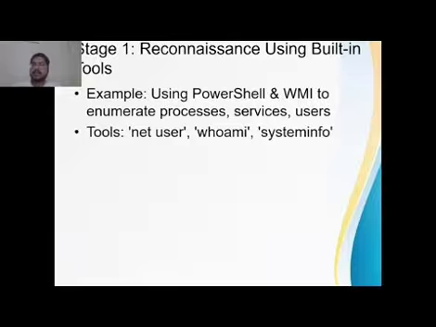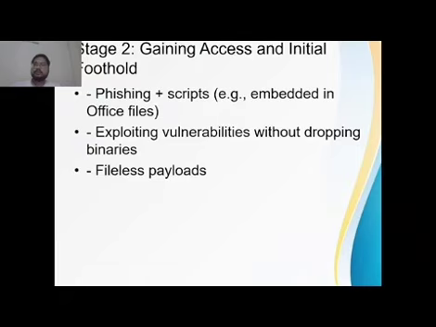Since these commands are commonly used by IT admins, they rarely raise alerts. In this example, using PowerShell and WMI to enumerate processes and services, and tools like net user, WMI, and systeminfo.